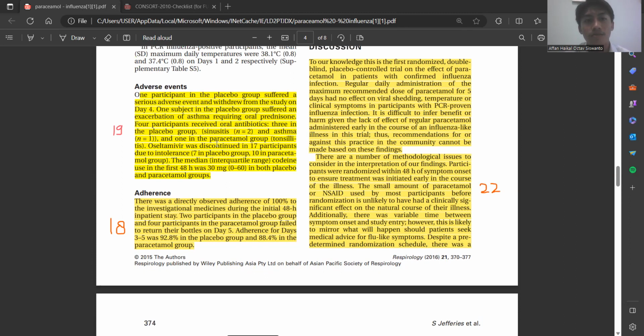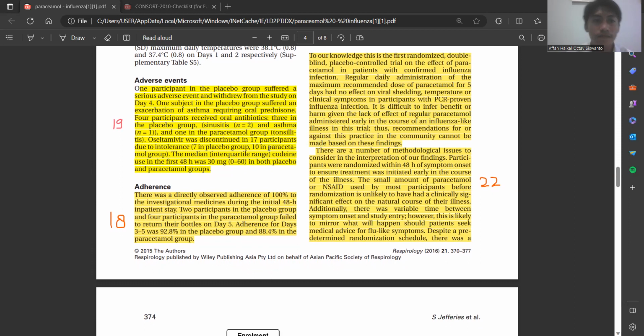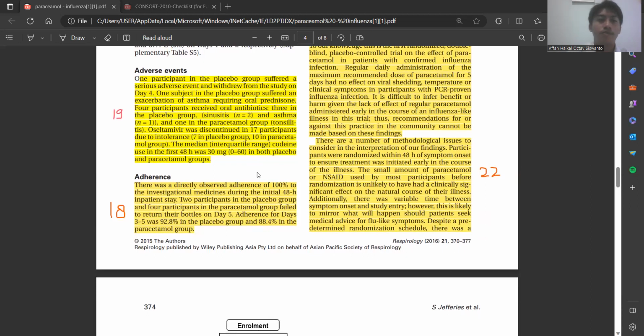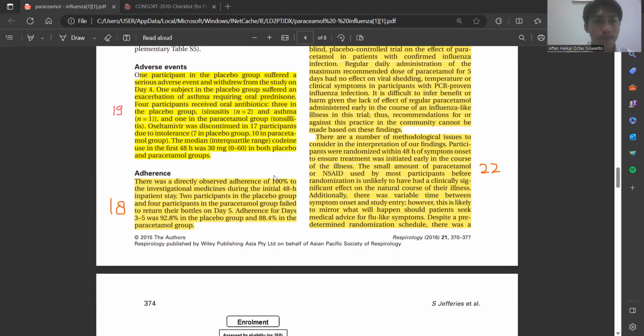One subject in the placebo group suffered an exacerbation of asthma requiring oral prednisone. 4 participants received oral antibiotics, 3 in the placebo group and 1 in the paracetamol group. Oseltamivir was discontinued in 17 participants due to intolerance. The median codeine used in the first 48 hours was 30 mg in both placebo and paracetamol groups.